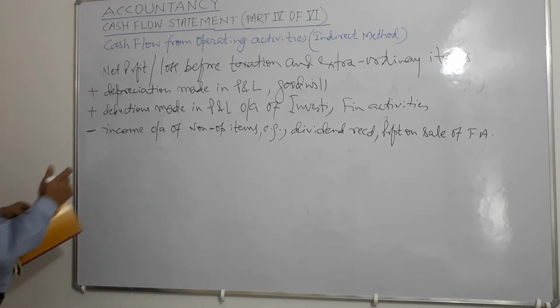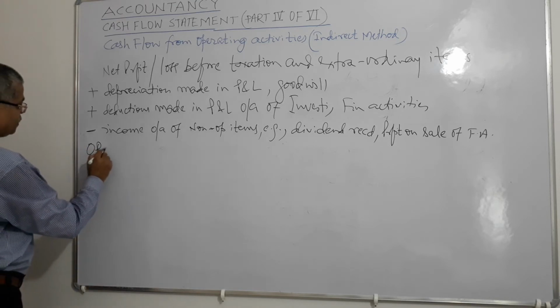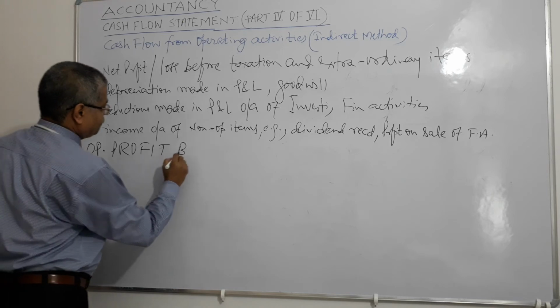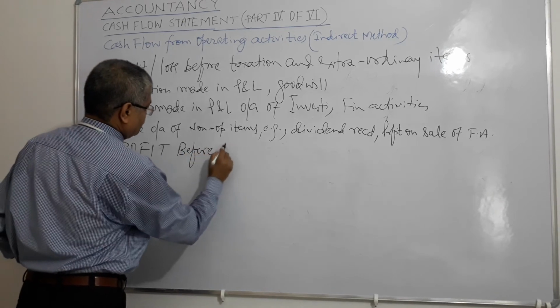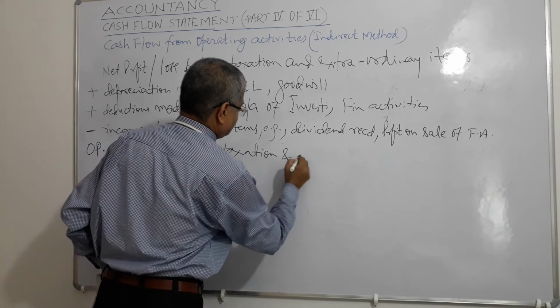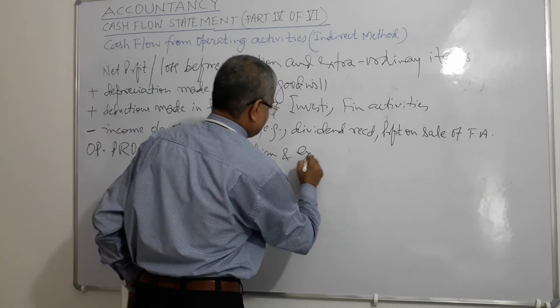Then we come to operating profit before taxation and extraordinary items.